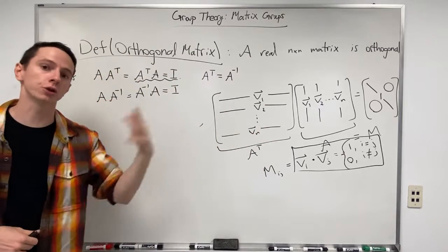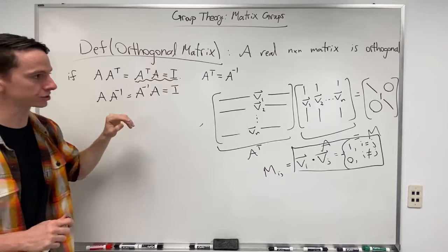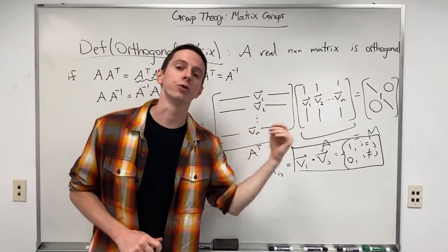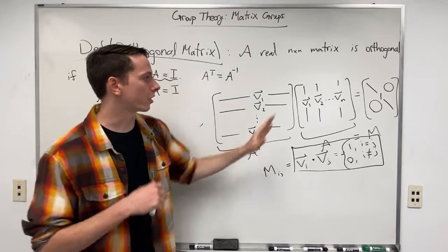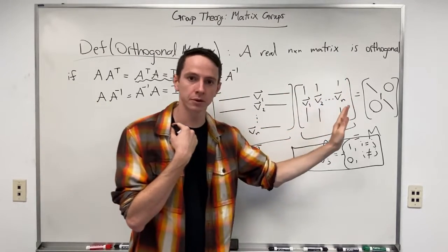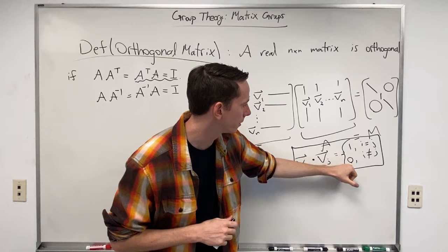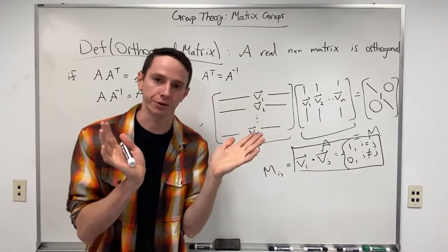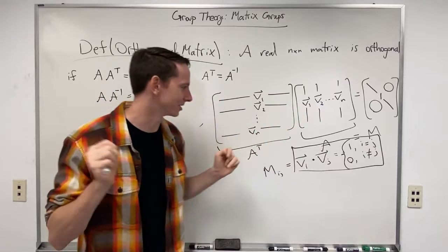It's not called an orthonormal matrix, it's an orthogonal matrix, despite the fact that the columns are not just orthogonal, they are orthonormal.